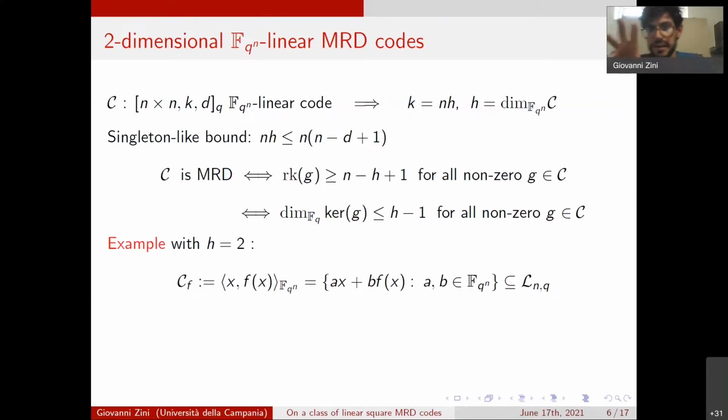So focus on the case h equal 2, two-dimensional F_{q^n}-linear codes, and consider the code generated by the identity x and another q-polynomial, say f(x).